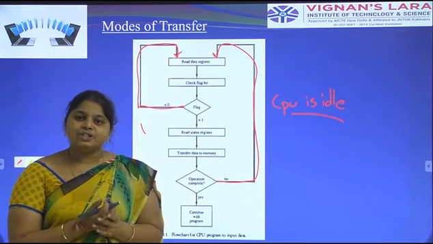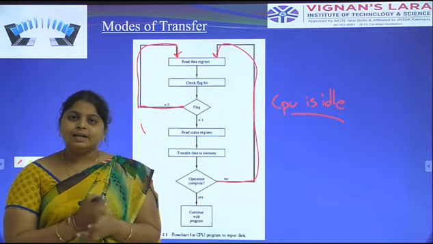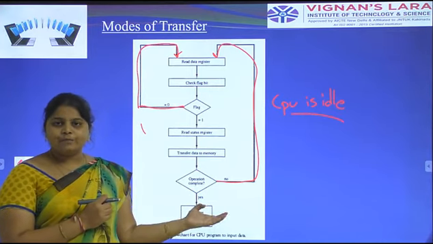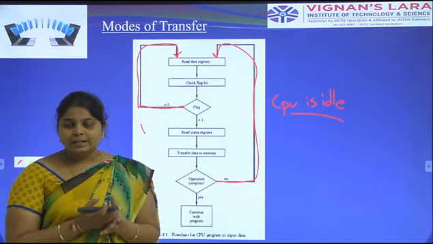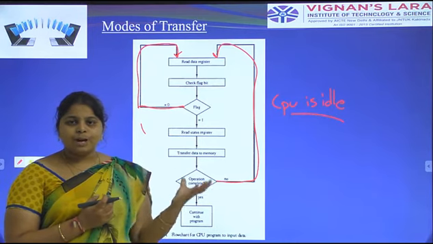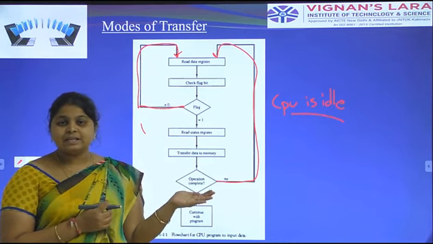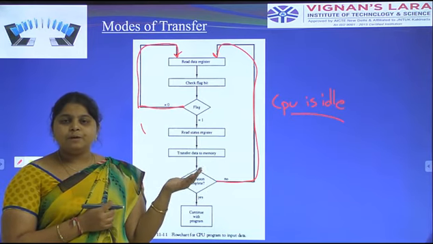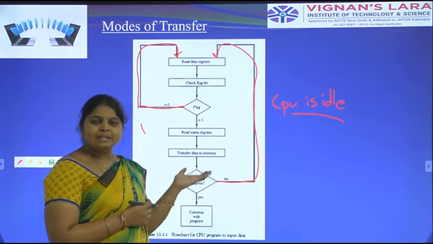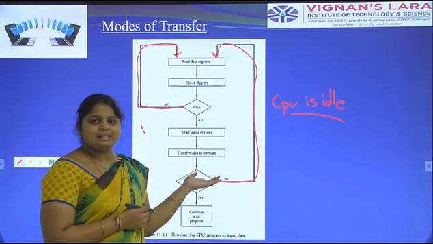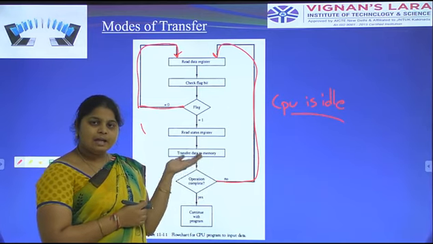For efficient transferring of data, since the CPU is not utilized efficiently in programmed IO, we have to go to interrupt initiated IO. Programmed IO has some disadvantages because we have to check the data with the help of the flag bit: if it is 0, it does not contain any information, and if the flag bit is 1, it contains some information.